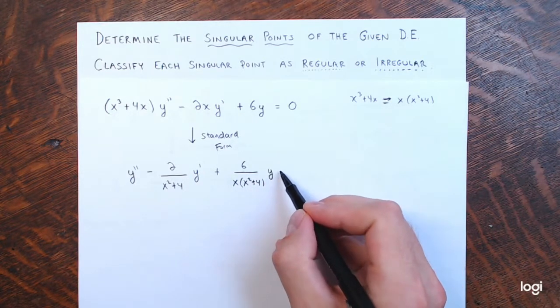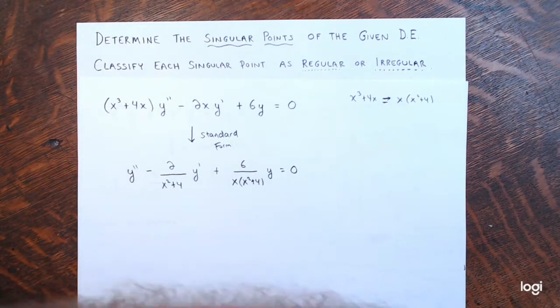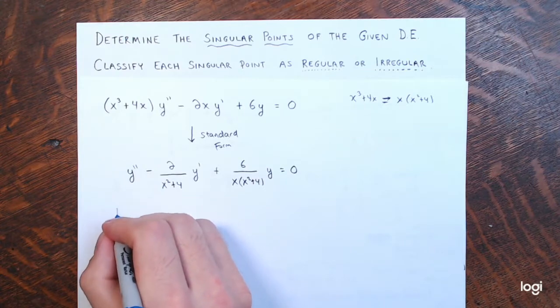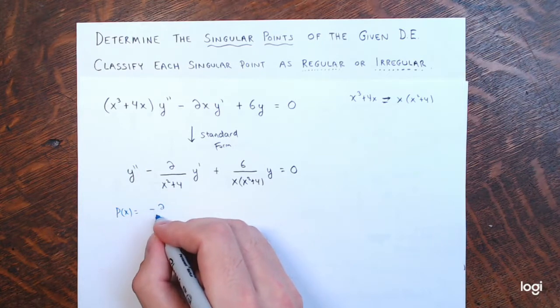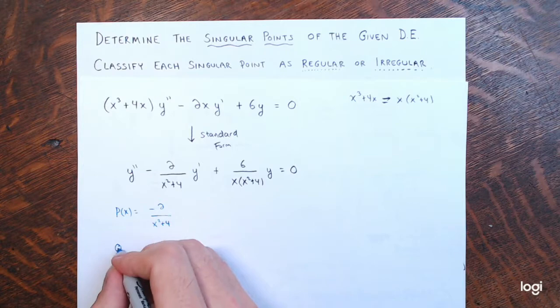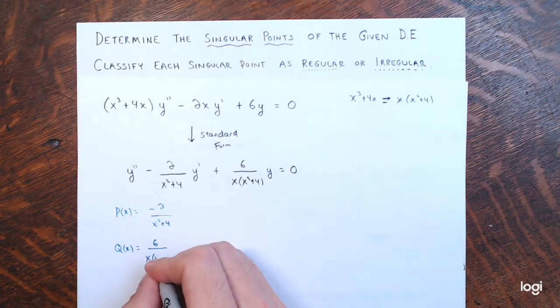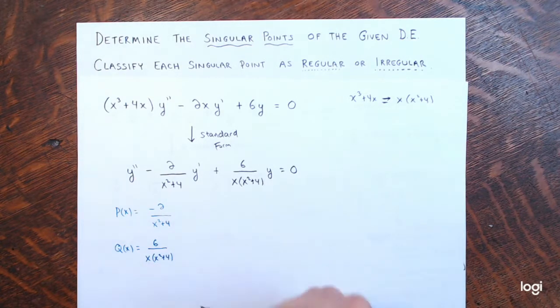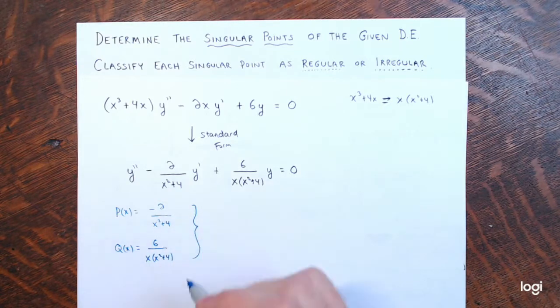Alright, so the P of x and Q of x, the capital P and capital Q. P of x is -2 over x squared plus 4. The capital Q equals 6 over x times x squared plus 4. And we're actually going to be looking at the entire complex plane for ordinary points and singular points.